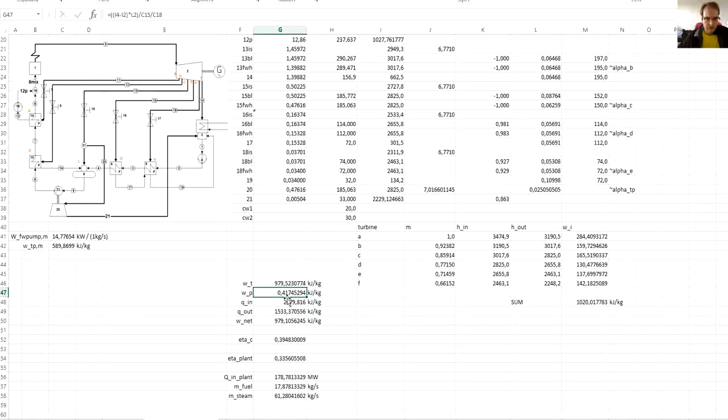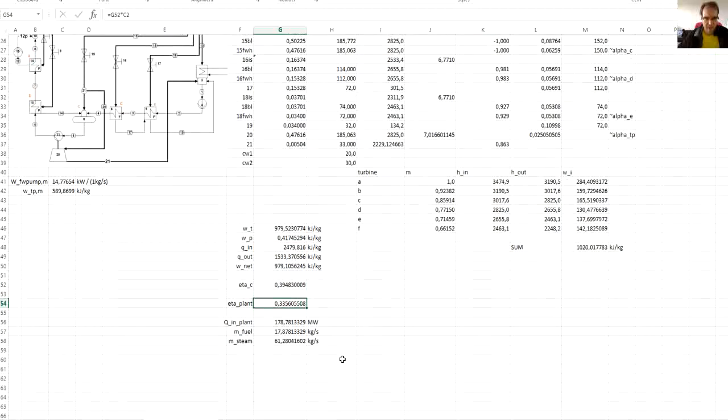From the point of the overall system balance, the heat input remains the same, and the output as well. Network output is the subtraction of the turbine minus the pump, where here is just the condensate pump, and we get the efficiency of the cycle and the efficiency of the plant.